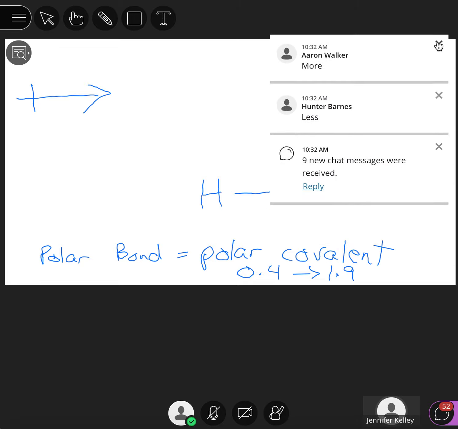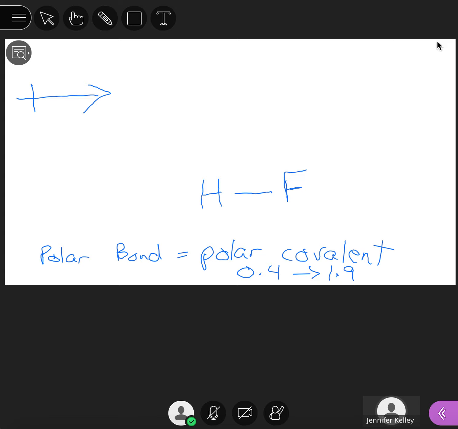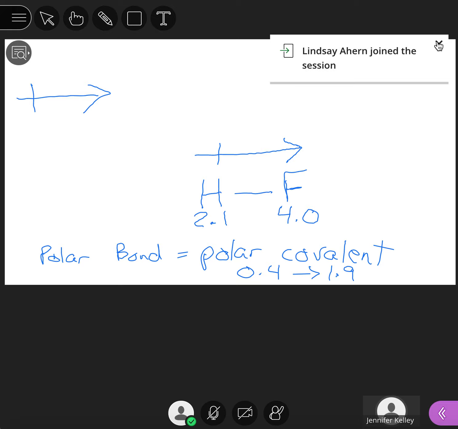Yeah, correct, less. So the one that's more electronegative will pull electrons toward it, so it gets the arrow end of the arrow. And the one that's less electronegative gets the plus sign. So this one has an electronegativity of 4.0 from that chart, and from that chart it shows you that this is 2.1.